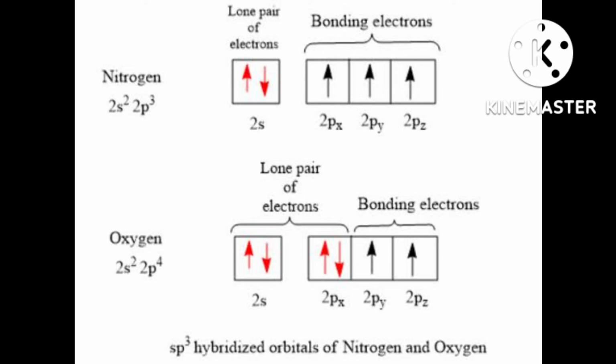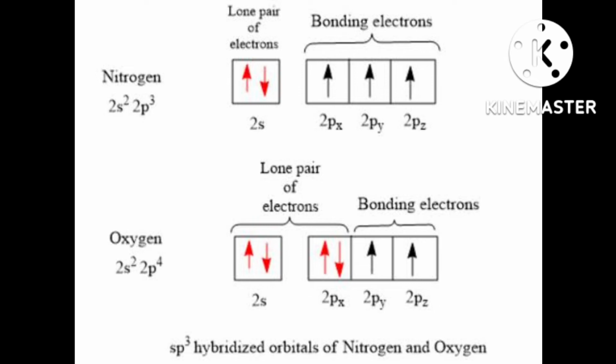In the excited state, one of the 2s electrons is promoted to a vacant 2p orbital to account for the bivalency. Two electrons were in 2s, now one electron goes to 2p, say 2pz or 2px, no problem. Then 2s has 1 electron and 2p has 1 electron.